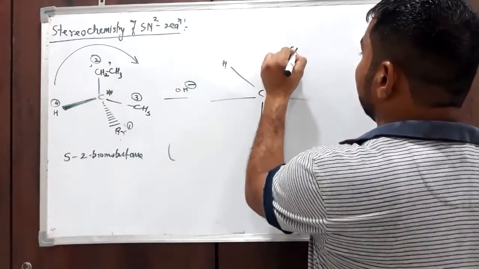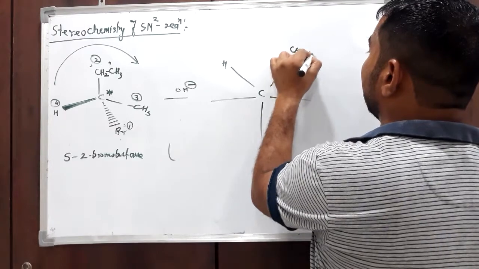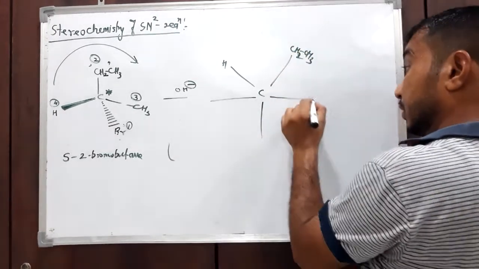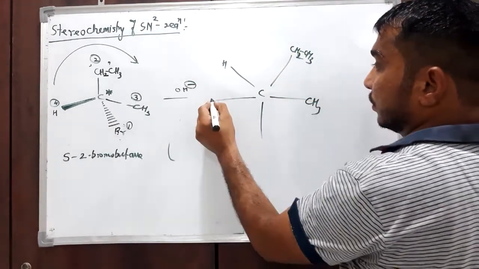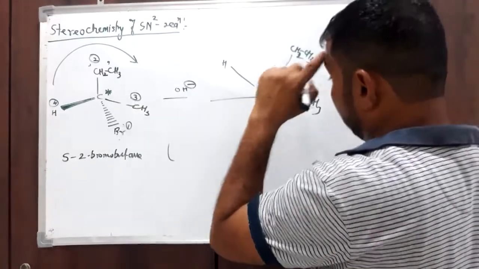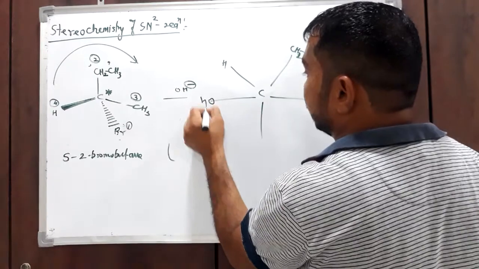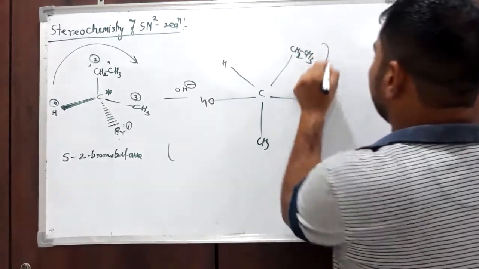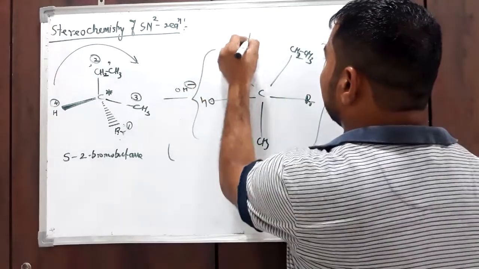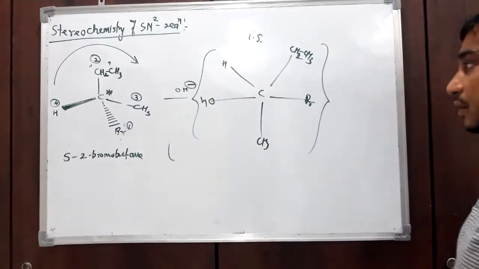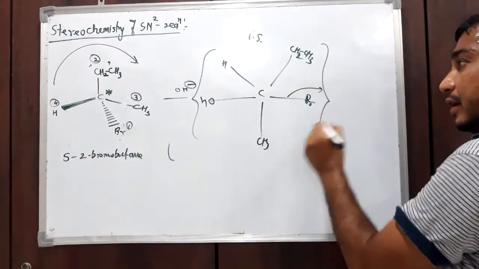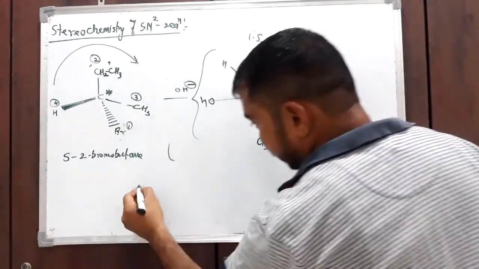Hydrogen, methyl group, ethyl group, Br, OH and methyl. Okay, this is the transition state. And then after that the Br minus ion departs and the OH minus ion is formed.